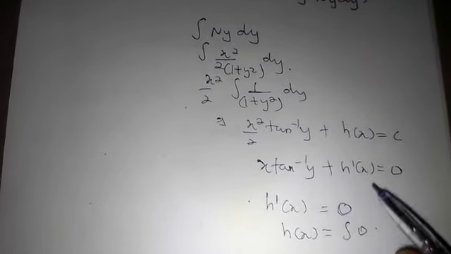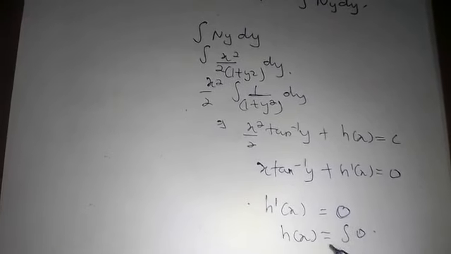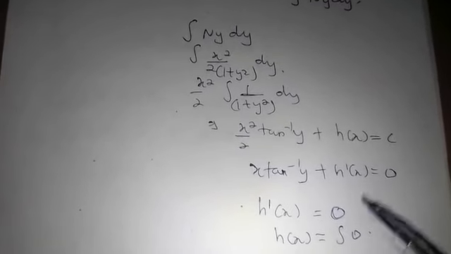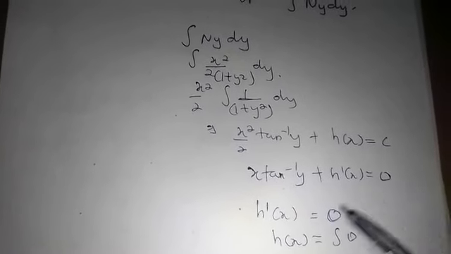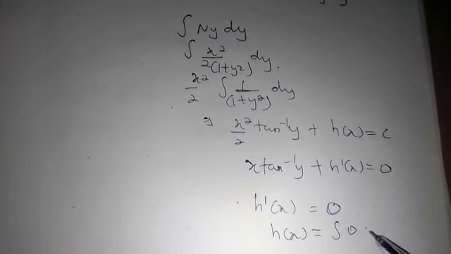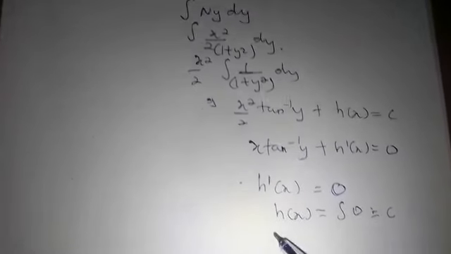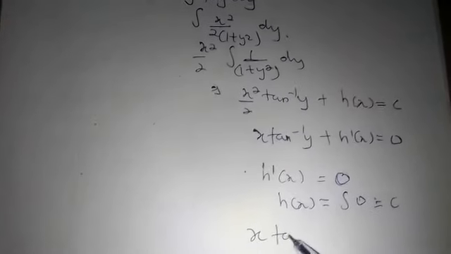But as we are solving differential equations, the constant is always a single constant and is placed at the right side. So our final answer is going to be x tan inverse of y is equal to c.